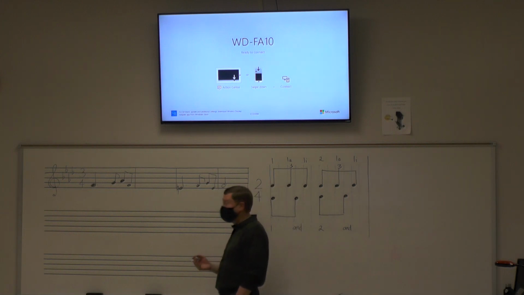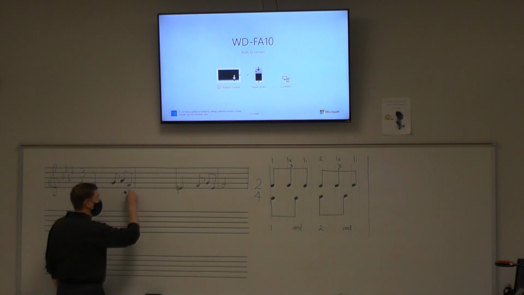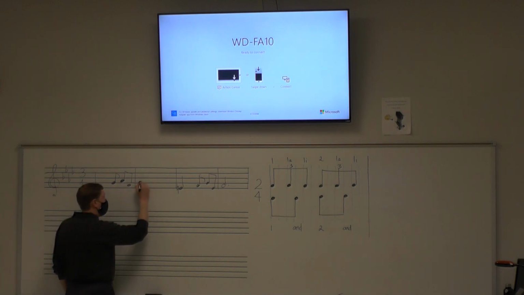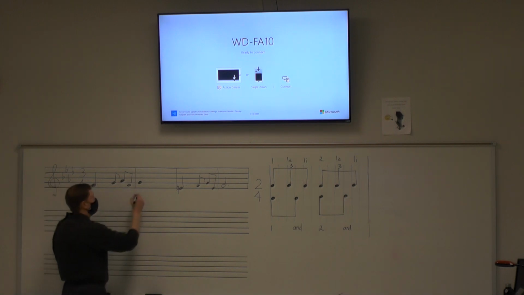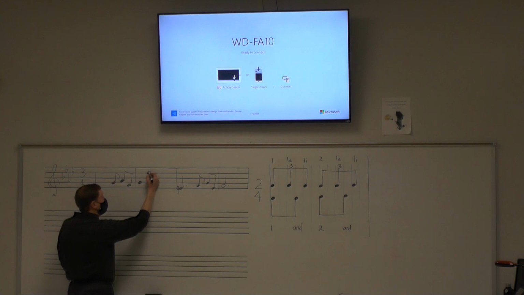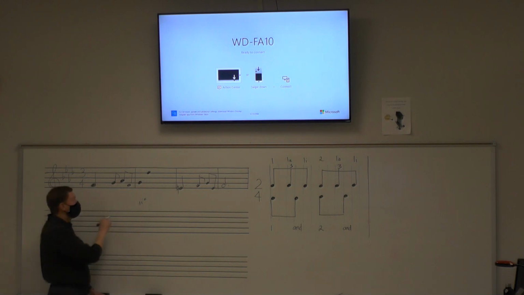Now I thought obviously measure 2 was the trickiest. Do, re, mi, do, re. What chord is being arpeggiated by the first 3 notes? Yes, that's right. Now this is just a melody, so don't worry that it's not in root position.